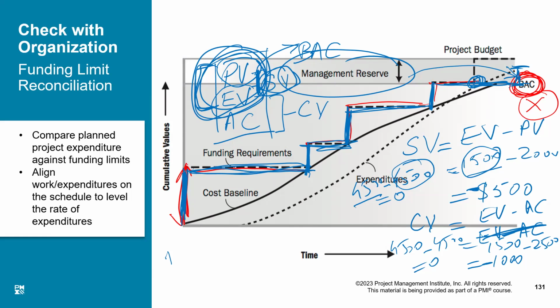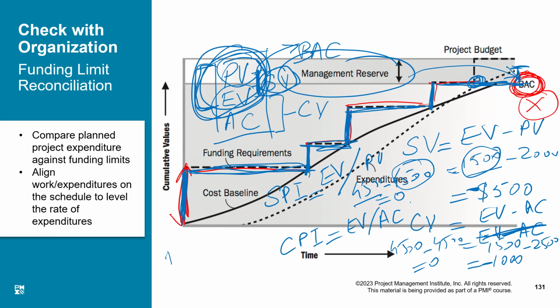If I can do this more technical kind of calculation, I would invent two new terms here. One is called schedule performance indicator and the other cost performance indicator. Rather than subtracting PV from EV, I would say EV divided by PV. And here I would say EV divided by AC.